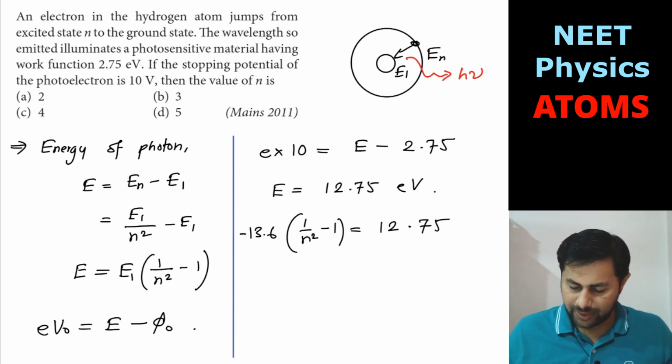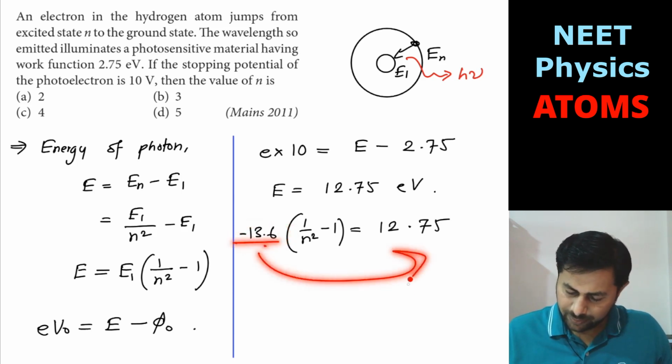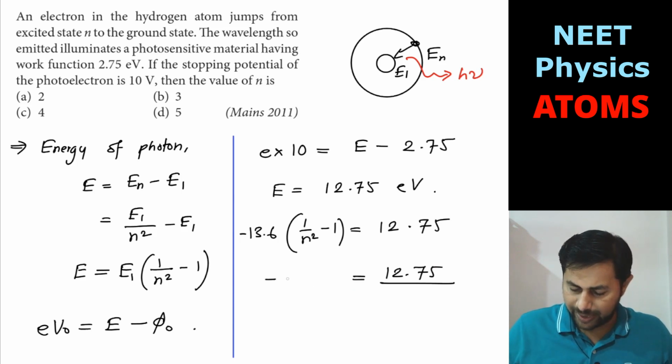All right, so then you need to solve this. Take this 13.6 on that side, so 12.75 divided by 13.6 would be equal to minus of 1 by N square minus 1.